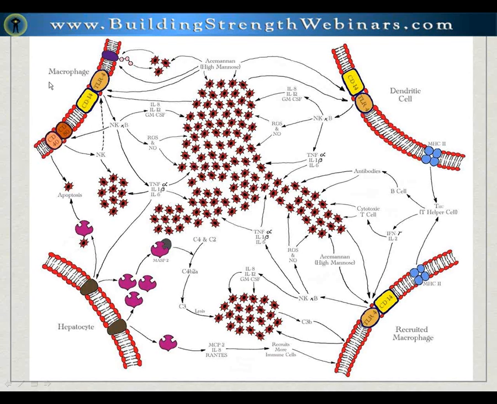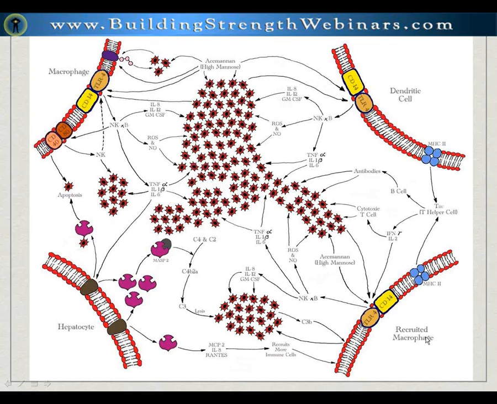Here we have all of our, first we have macrophages. These are like the Kupffer cells, the Langerhans cells. These are dendritic cells. These are antigen-presenting cells. A lot of them come from the macrophage line, but they specialize in presenting antigens and making antibodies, as we see here.